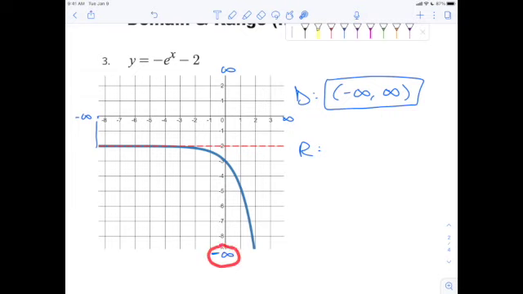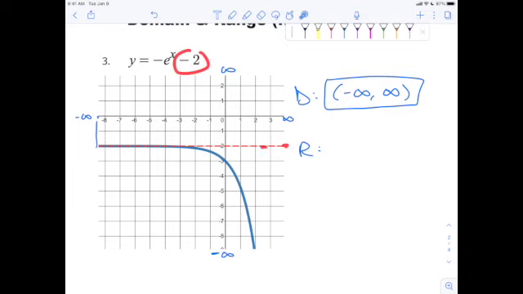Start at the bottom, start with -infinity. Does the graph exist down here? Yes, it definitely does. It's going down to -infinity, and it has all these y values up to, but not including, -2. It does not go beyond -2. And you may recall that because there's a horizontal asymptote at y equals -2.